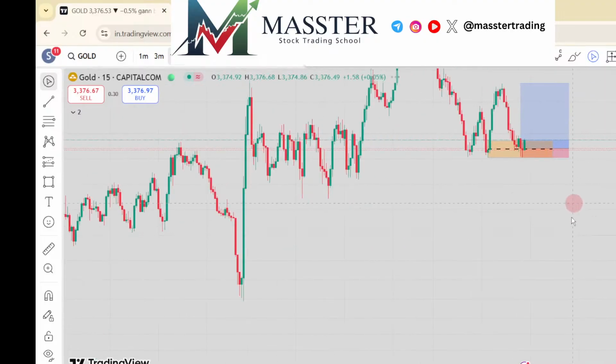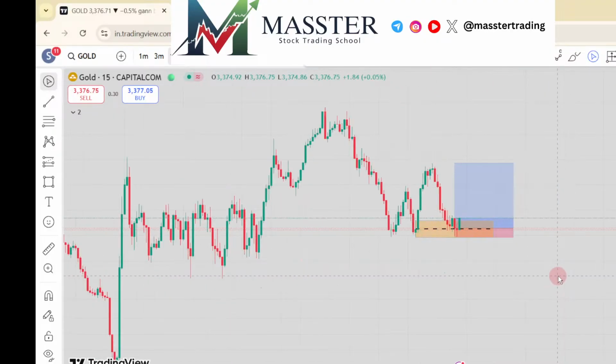Obviously, we can look for the bullish setup. That's why I took the bullish side trade here and the execution here.